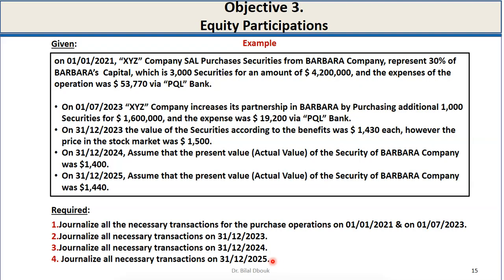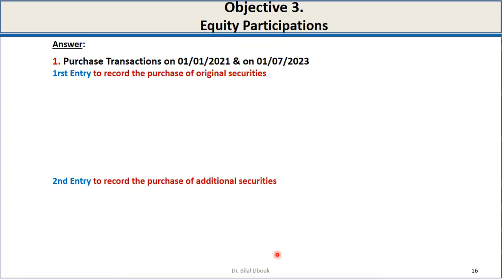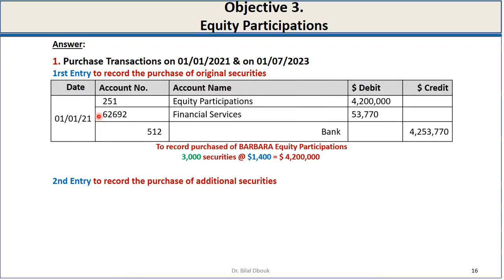Starting with the purchase operation on 1/1/2021, the entry is to record the purchase of 3,000 securities at a cost price of $1,400, equal to $4,200,000. So I debit account 251 equity participations in financial fixed assets, account class 25, $4,200,000.